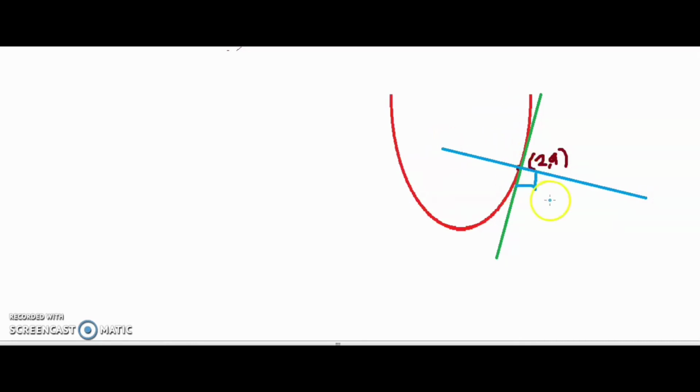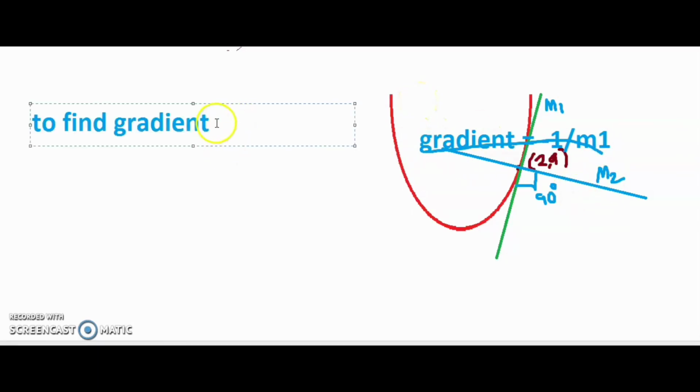As we know, the tangent and the normal lines are perpendicular to each other. We can get the concept very clear now. It's nothing but the product of their gradients is -1.